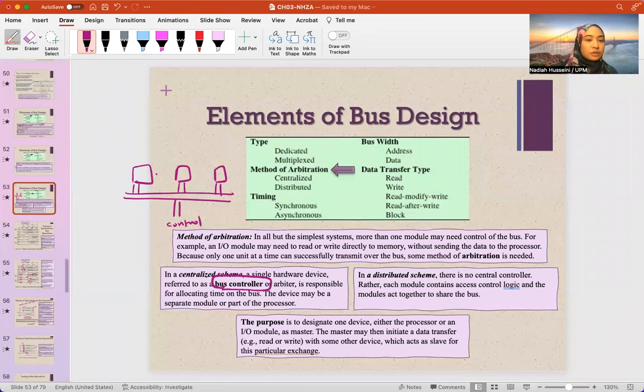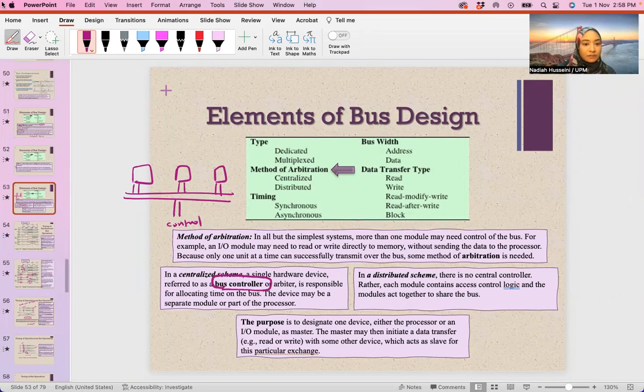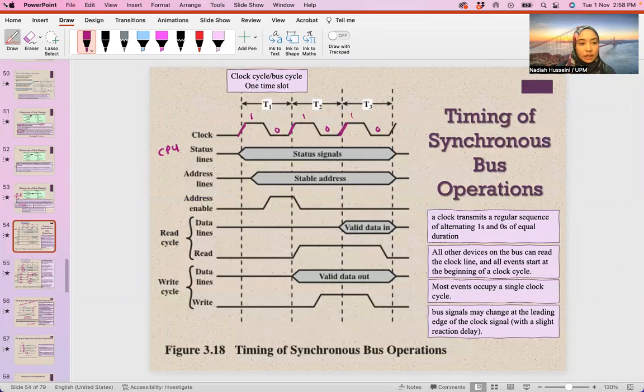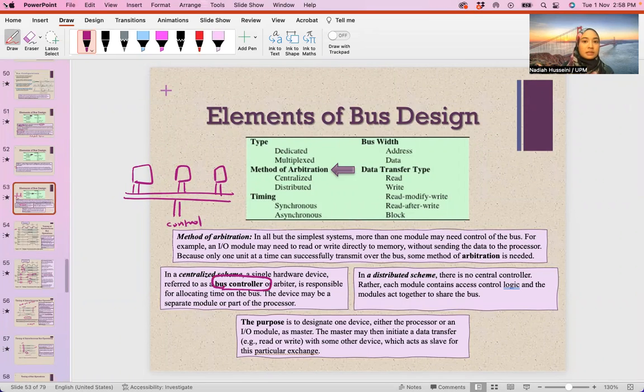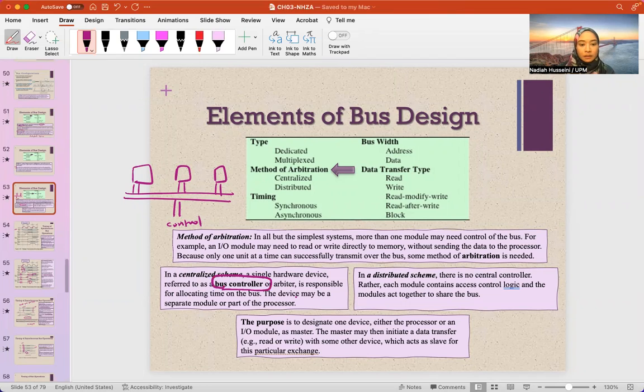It is responsible for allocating time on the bus, meaning deciding what gets called first, who puts data into the bus. So there is a bus controller deciding who gets to use time slot number 1, who gets to use time slot number 2, and so on. You have a manager allocating the time slots to be used by the modules. Whereas for the distributed scheme, there is no controller.